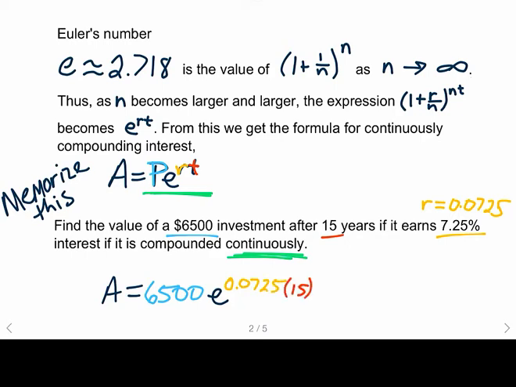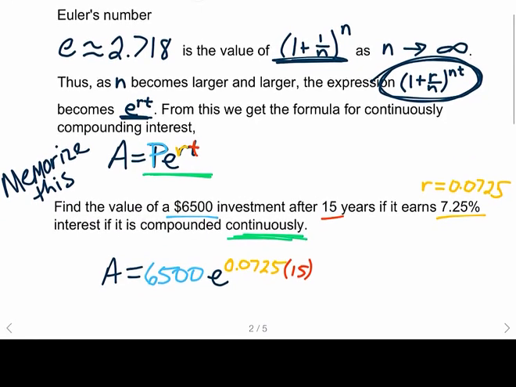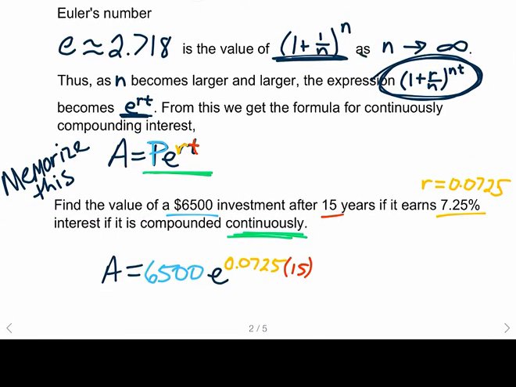So there are some similarities to the other formula, but this piece where we have 1 plus r over n to the nt becomes e to the rt. And the details of that, it's really a calculus notion. When you see anything like n approaching infinity, that's a calculus notion. I just need you to know the result. A equals Pert.